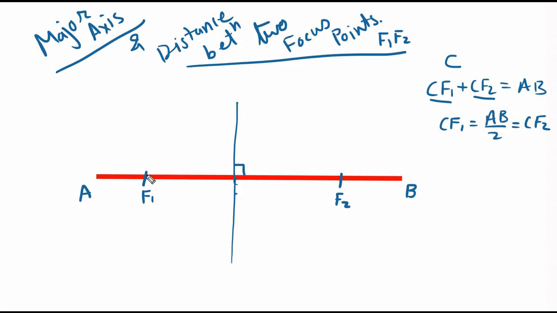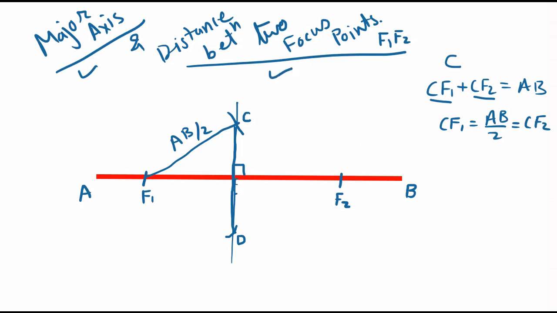To obtain C from F1, draw an arc at a distance AB by 2. This way we will get C. In the same way, on the other side we will get point D. So here the minor axis is obtained from the given data, the major axis and the distance between the two focus points.